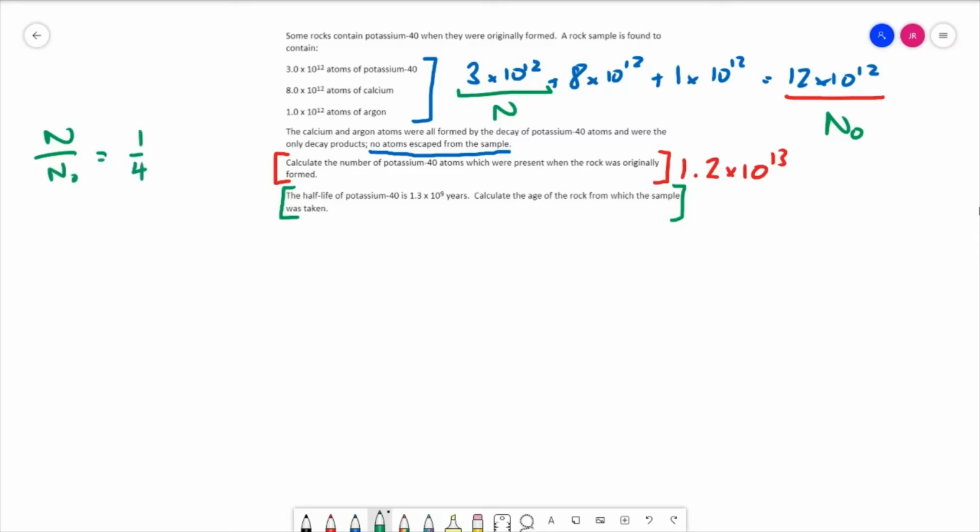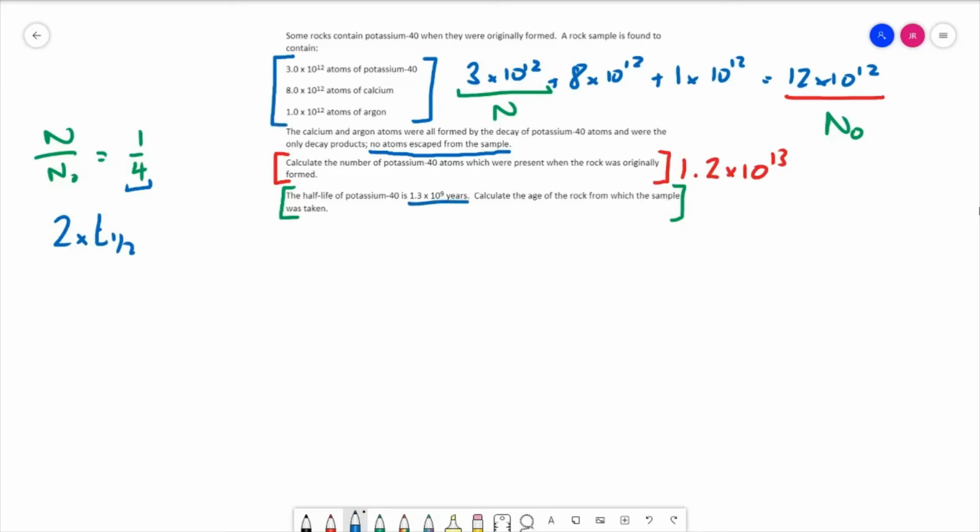In other words, we have got a quarter of the initial number of nuclei that we had in the sample. Once again, we've ended up with a nice fraction with a power of 2 at the bottom. What that's trying to tell us then is that 2 half-lives have elapsed in order to give us the situation that we see up here.